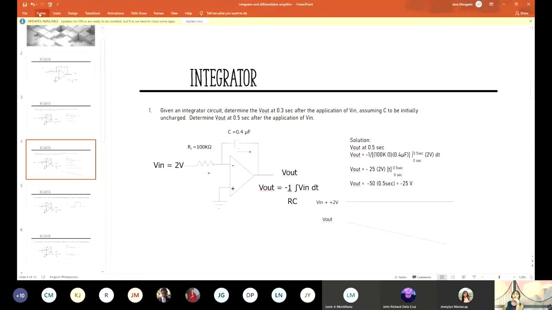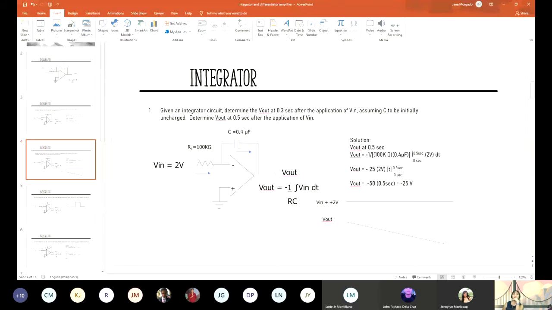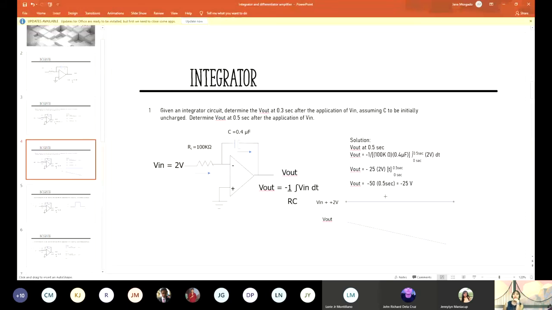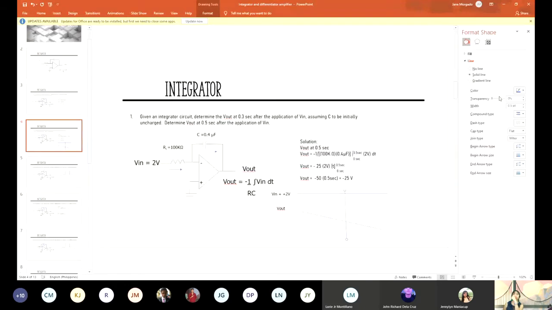Okay. Positive 2 volts. So your V out is, okay, so at negative 15, at 0.3, so let's say this is the 0.3, at 0.3 second, again, this is at 0.5.